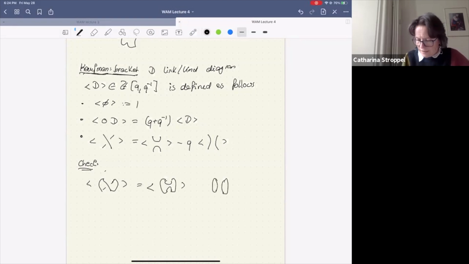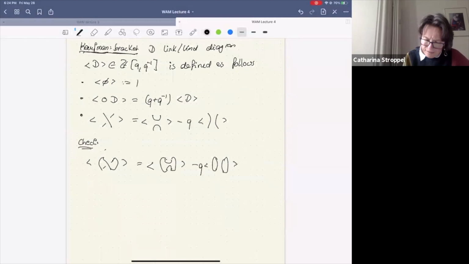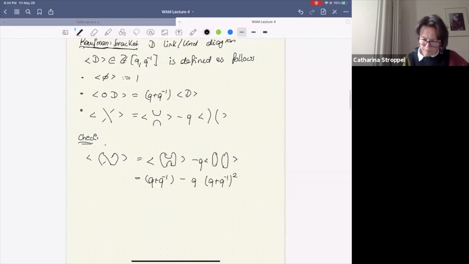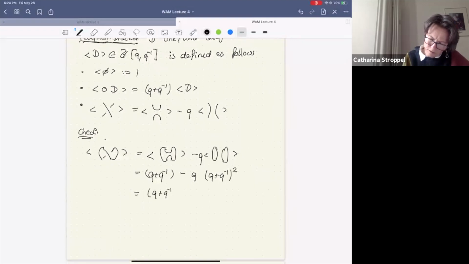The second one gets subtracted with a coefficient Q. Then I can use this formula to say this is just a circle times nothing, so this gives me Q plus Q inverse. The other one gives me Q times two circles, which is Q plus Q inverse squared. So this is Q plus Q inverse times 1 minus Q squared minus 1, which is Q squared times Q plus Q inverse.